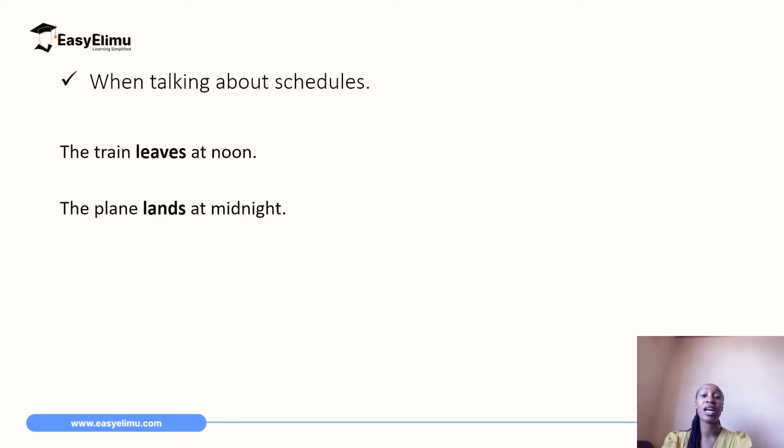The plane lands at midnight, so it is expected to land at midnight. That is a schedule. We know this at this point, this will happen. That is the schedule.